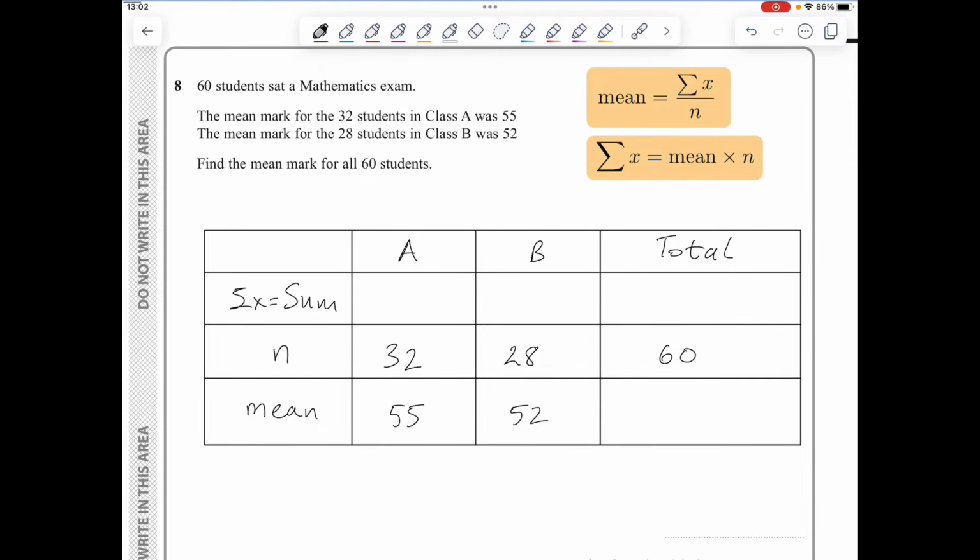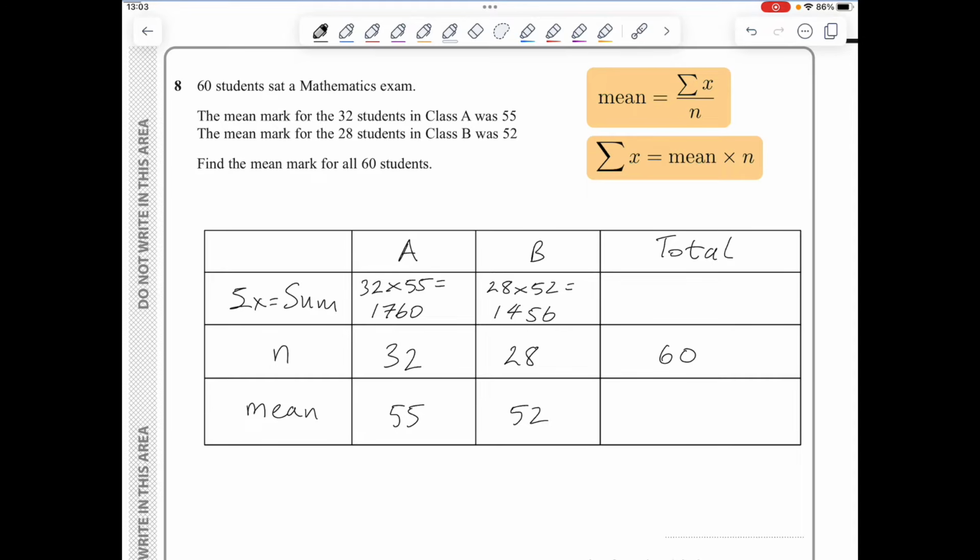the sums. So the sum for class A is 32 times 55, which is equal to 1,760, and the sum for class B is 28 times 52, which is equal to 1,456.